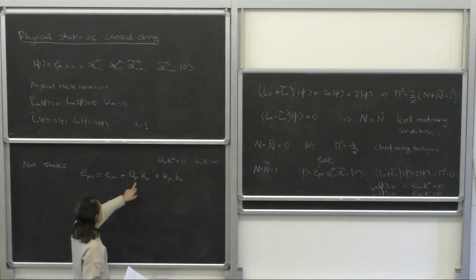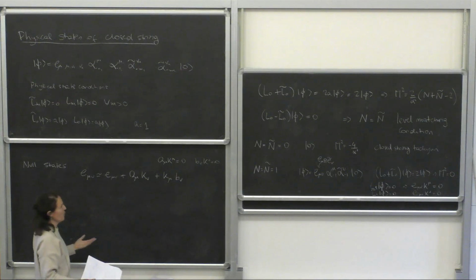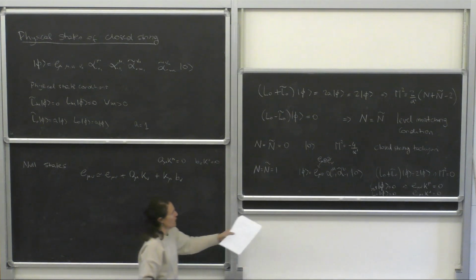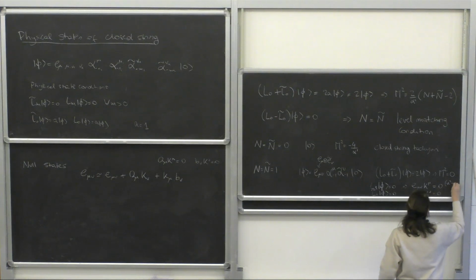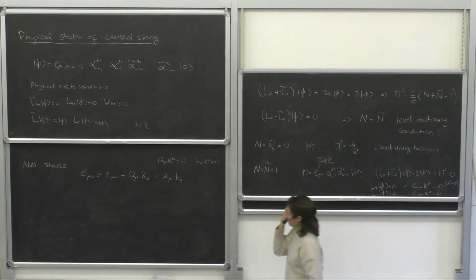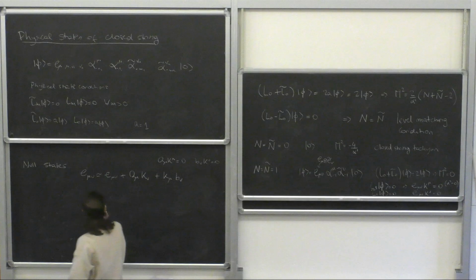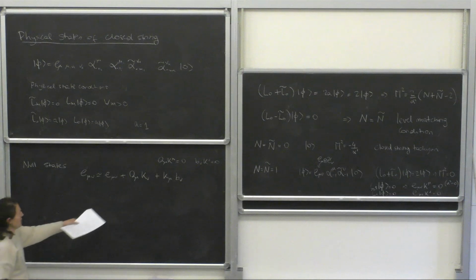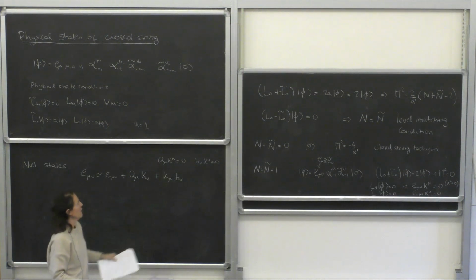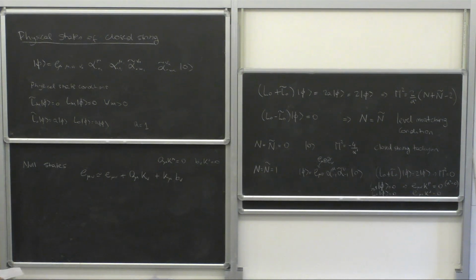You contract with k either here or here, and it gives you 0 because k squared is equal to 0. So it's m squared equals 0, which means k squared is equal to 0. And each of these indices along k, as long as the other is also orthogonal to k, then these are null states.